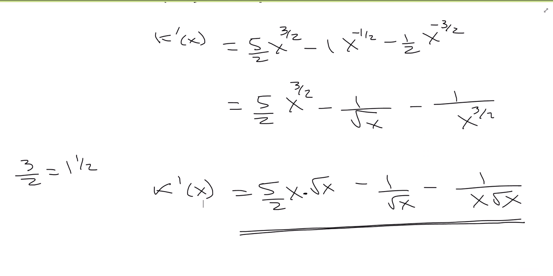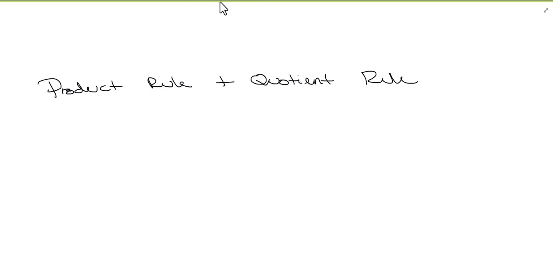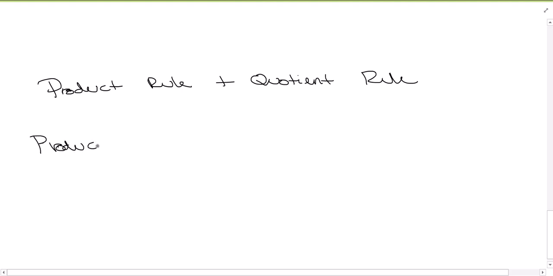So let's move on to the product and quotient rule recap. All right, so the product rule is if I'm taking the derivative of the multiplication of two functions. So if I have f of x times g of x, and I want to take the derivative, I'm going to use the prime notation here.